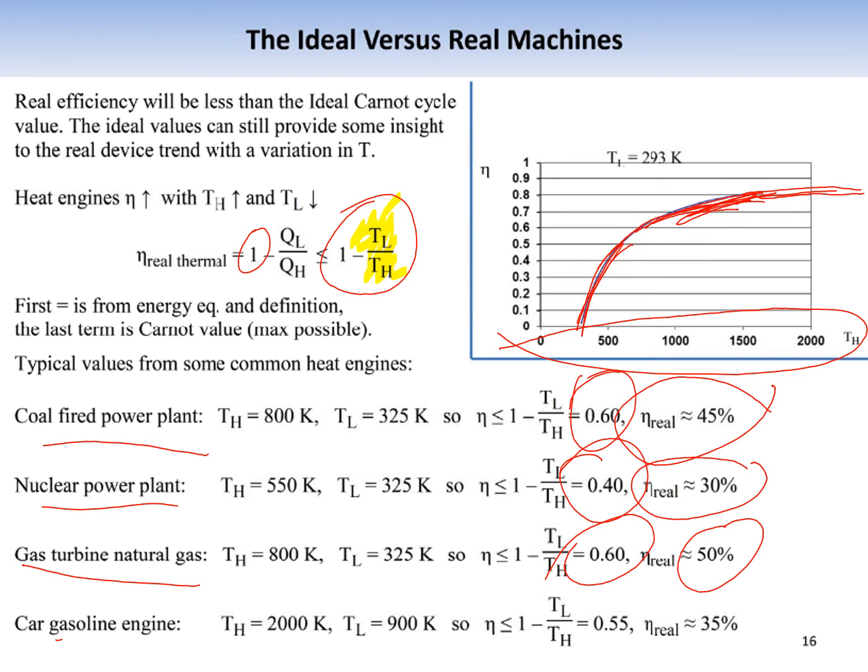Gas engines have 35% efficiency compared with 55% Carnot efficiency. So Carnot efficiency is maximum, and the thermal efficiency will always be lower than this Carnot efficiency, and mechanical efficiency will be further lower than this thermal efficiency as well.